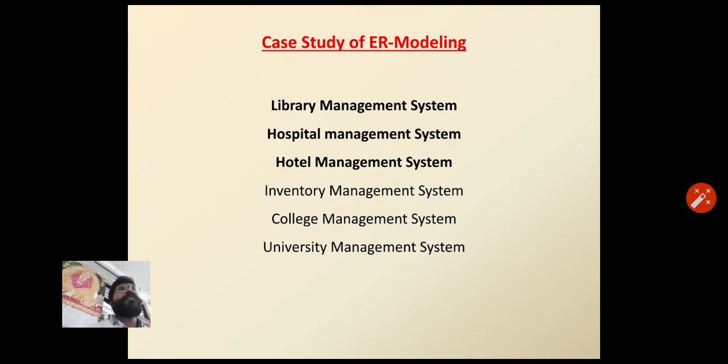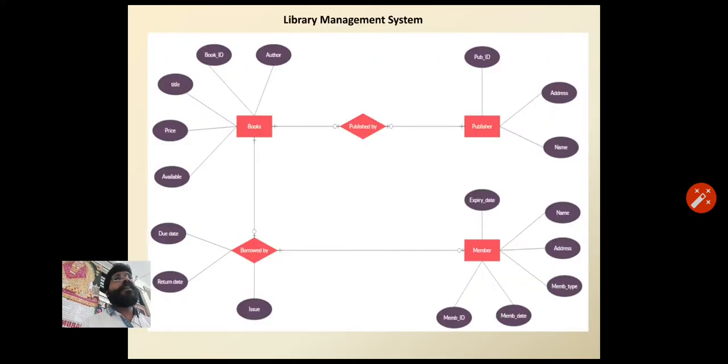Case study ER models may be in library management systems, hospital management systems, hotel management systems, inventory management systems, college management systems, university management systems, and others. Here is the ER diagram of a library management system. The picture is not clear, so we can explain it here.